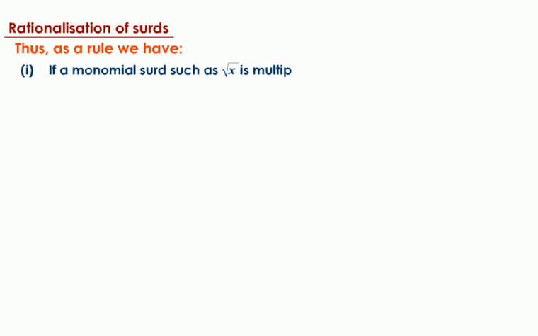Thus, as a rule we have, if a monomial surd such as under root x is multiplied by itself, we get a rational number, that is, under root x into under root x gives us x, which is a rational number.